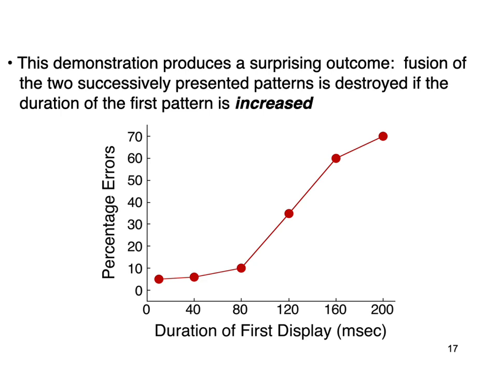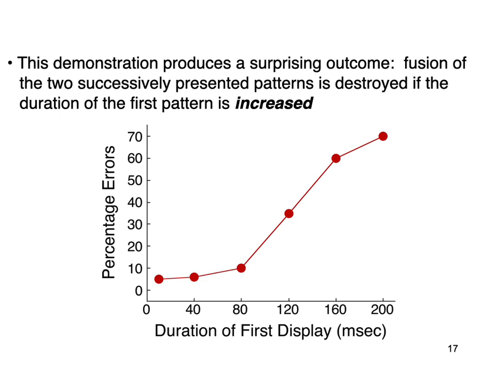And I'm just looking to see what happens if I increase the duration of the first display, and I get a very interesting result. The result is that beyond 80 milliseconds, so there's not much change between 10 and 80 milliseconds given the duration of the first display.